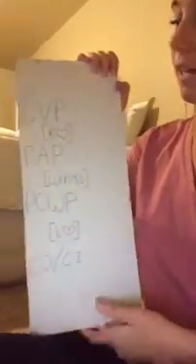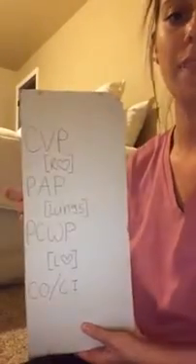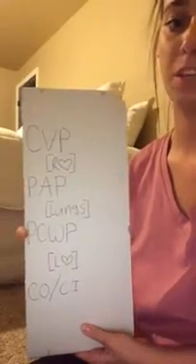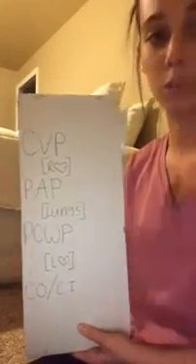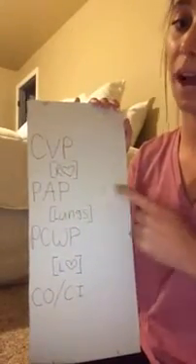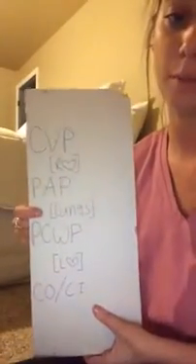So for instance, if you were writing down your values, and you notice that the CVP was in normal range, the PAP was increased, and the PCWP was decreased. Since we're looking for the trend of high to normal or high to low, you would know that the issue would lie within the lungs.